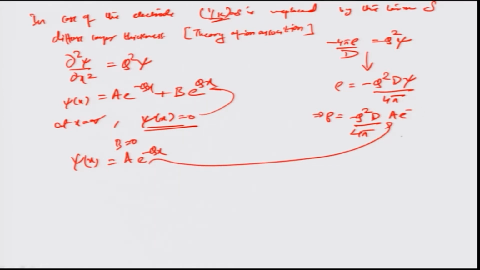So in a similar manner, we would like to try and see if we can calculate the value of a in this particular case, and try to predict what is the potential function available at the Helmholtz layer surface, and what it is as a function as it proceeds from the Helmholtz layer all the way up to the end of the diffuse layer.